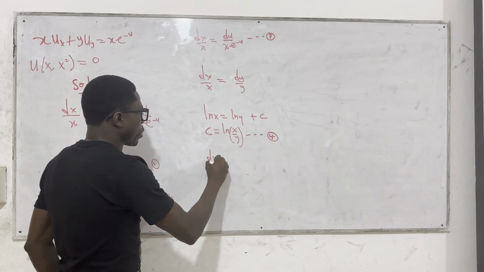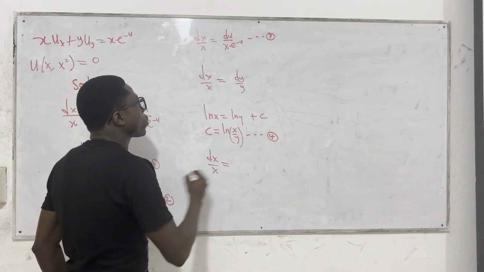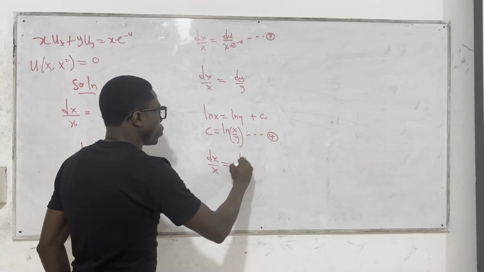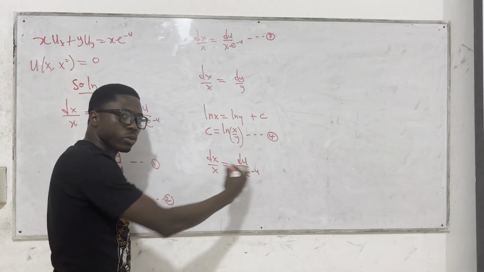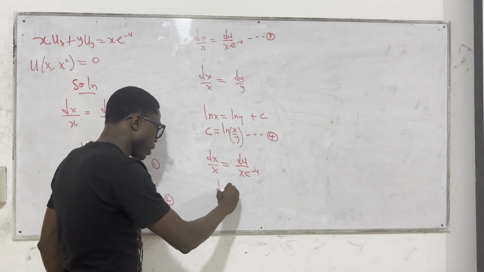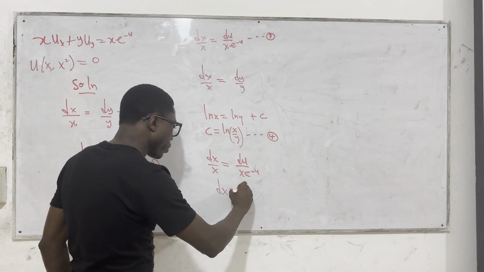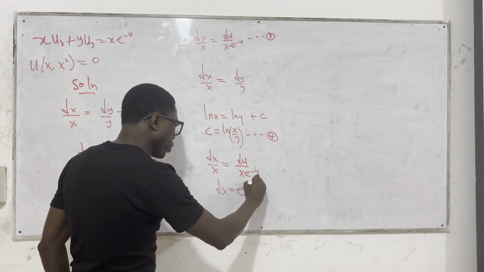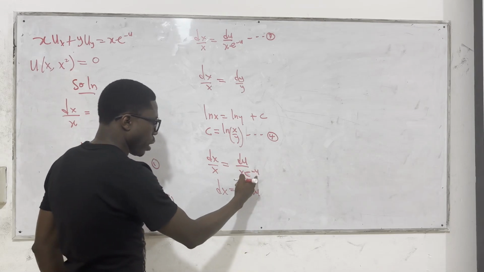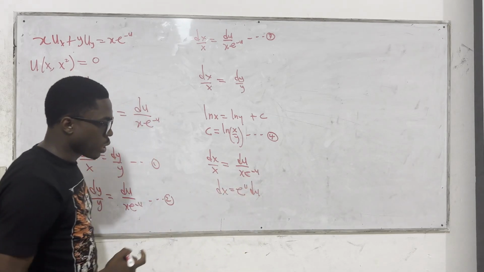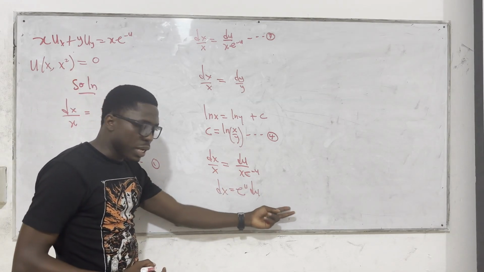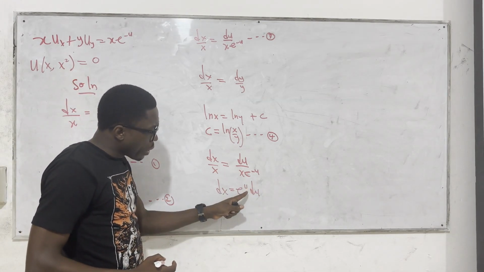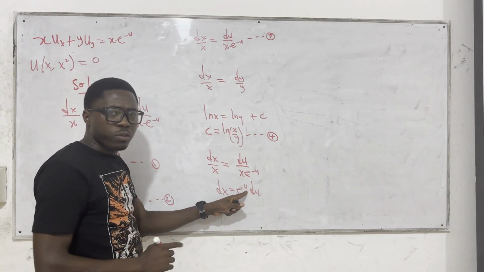So dx over x is equal to du over x e to the power negative u. If I multiply it through by x, I have dx is equal to e to the power u du. By using the laws of exponentials, we have this. Now we have to integrate both sides to find u. But u is a function of x and y.